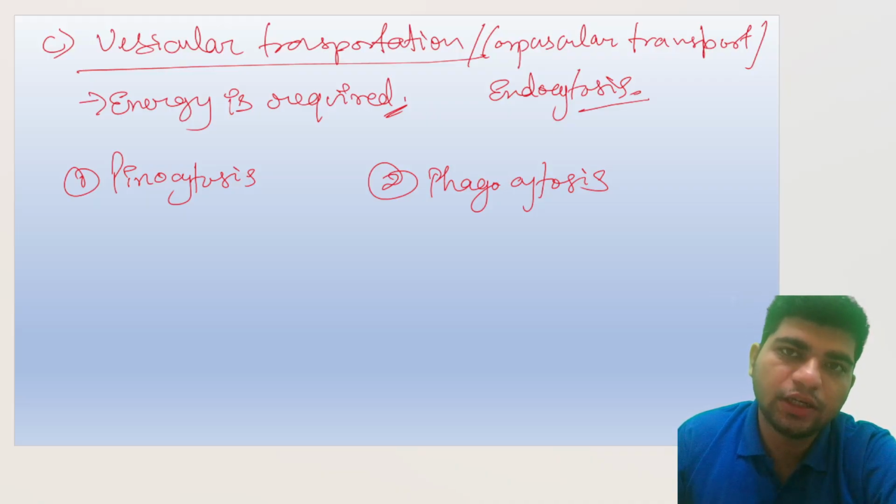It can be asked what is another name of vesicular transportation, and the option will be given as endocytosis, so the correct option will be endocytosis. Pinocytosis and phagocytosis come under endocytosis. A question can also be asked under which process pinocytosis comes, so the answer will be endocytosis.